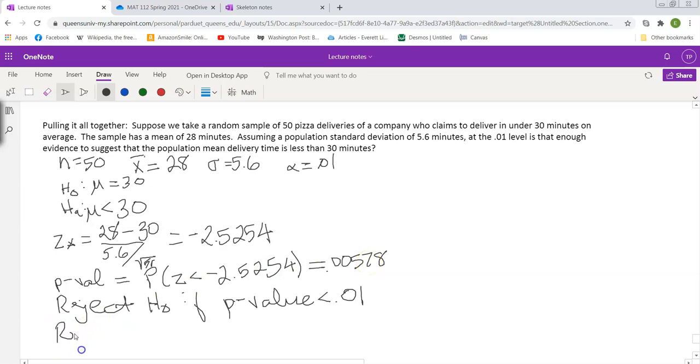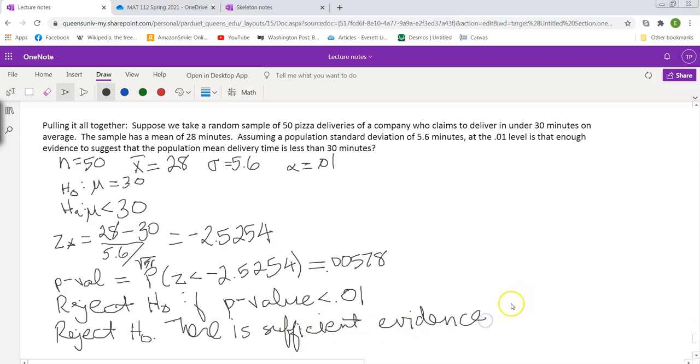Therefore, we're going to reject H0 and say that there is sufficient evidence to conclude that the mean delivery time is less than 30 minutes.